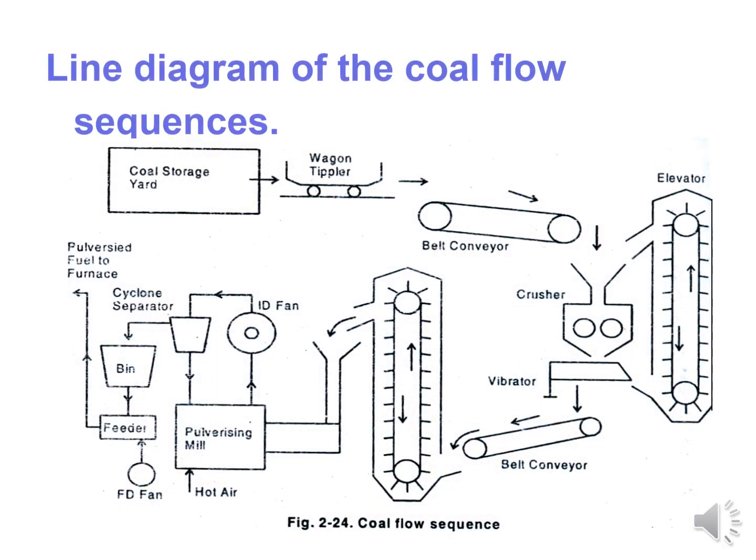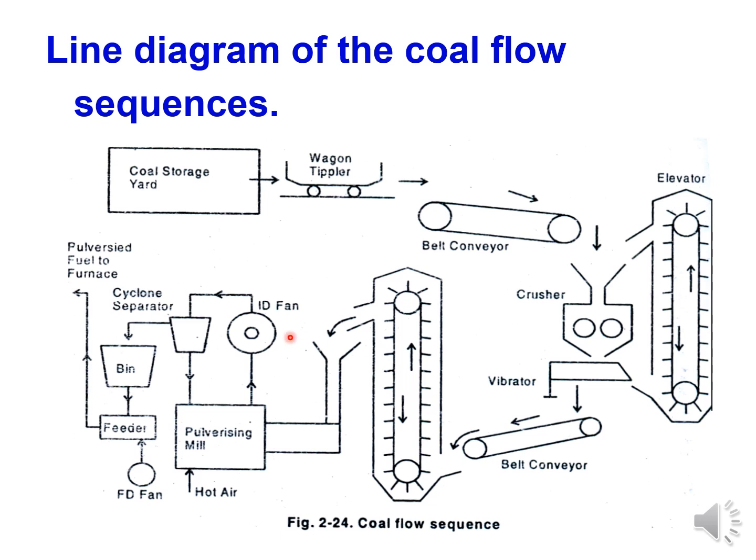Next we will see the line diagram of the coal flow sequence, how the coal is going to flow. Coal storage yard means coal will be stored here through wagon tippler. The wagon tippler is going to carry this and dump it here on a belt conveyor. The belt conveyor passes it to a crusher.